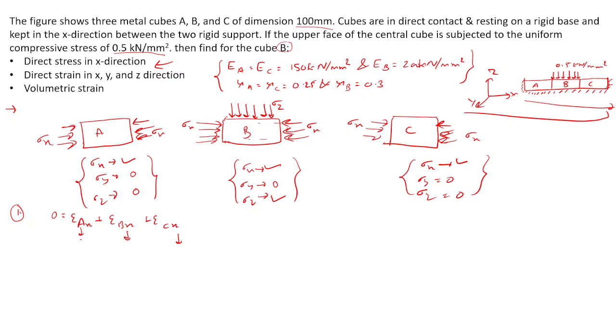So for this, minus sigma x by E of A, correct or not? And sigma y and sigma z are 0, so that part won't come. If that would be there, then with mu that will also come, right?